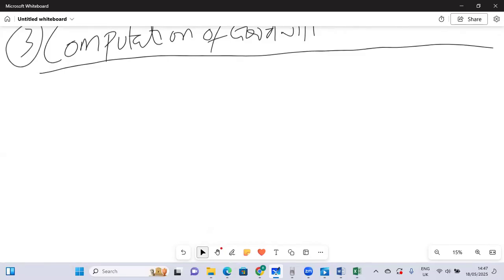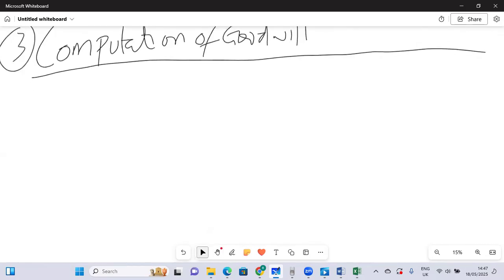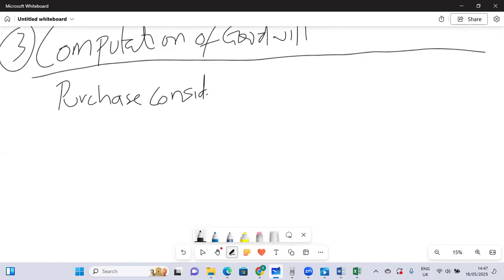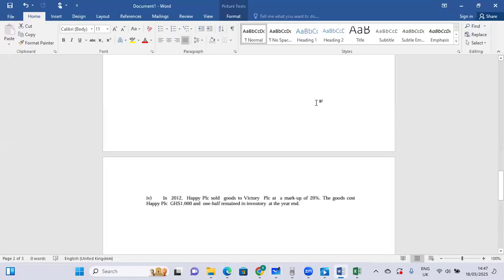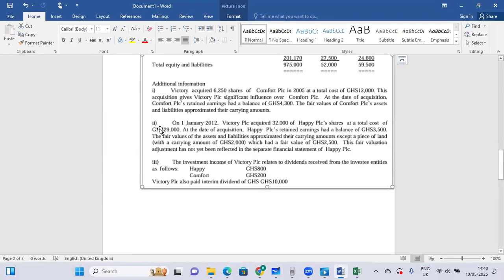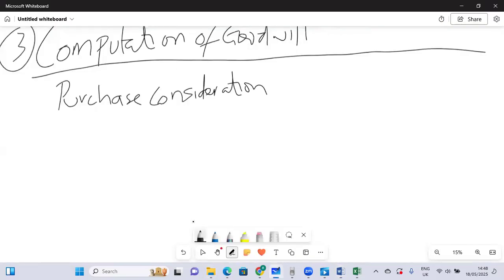So now let's start. We'll begin with our purchase consideration. The purchase consideration here is how much did we buy the subsidiary for? We bought the subsidiary for 29,000, right?